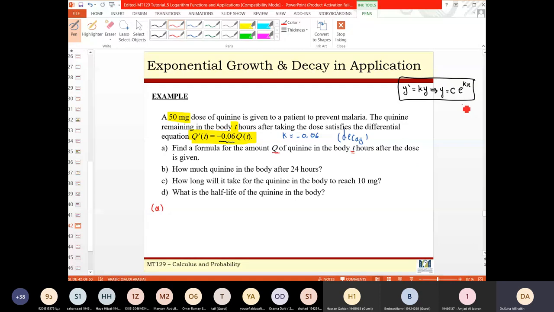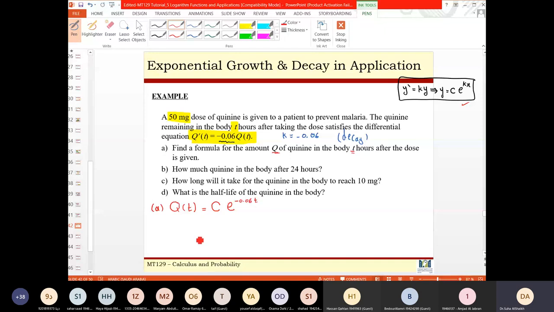Isn't this the solution of a differential equation? We apply this. It is Q of T, which is Y, equal to the constant C multiplied by exponential K, and the K is minus 0.06 in the variable T. The variable is T in this case.